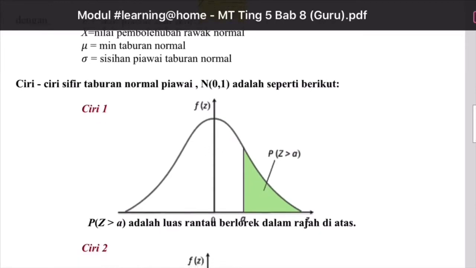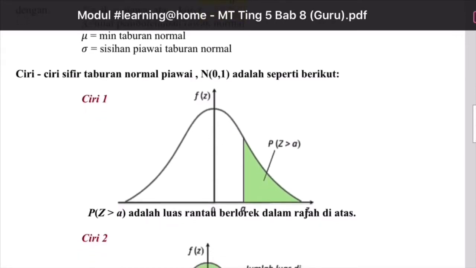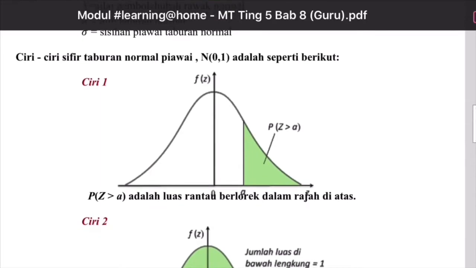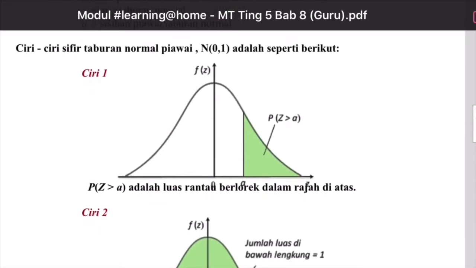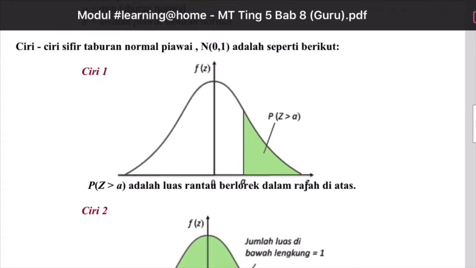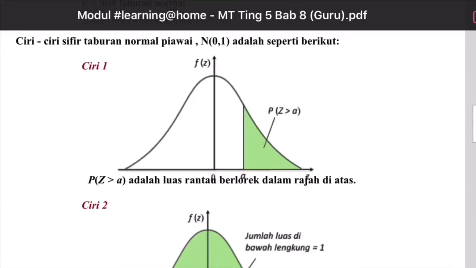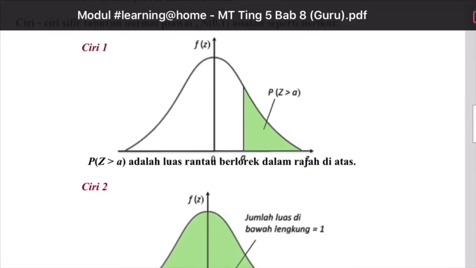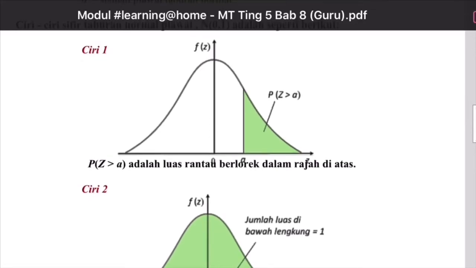In the exam they will give you variance, sometimes they will give you standard deviation. For the standard normal distribution N(0, 1), the mean must be 0 and the standard deviation must be 1. Very important.